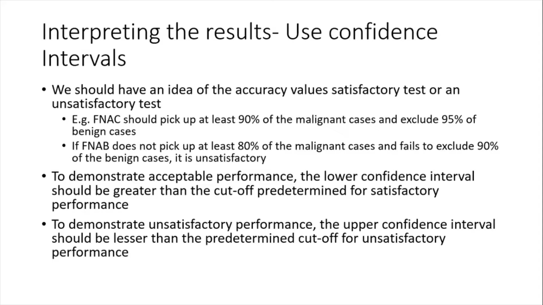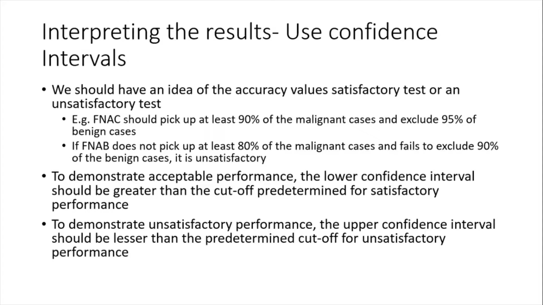For that, we need to set up the cutoffs for unsatisfactory result. That is, we may say that a diagnostic test should be at least 80% sensitive and 90% specific. If you can demonstrate that it is less than 80% sensitive or less than 90% specific, that will make it unsatisfactory.